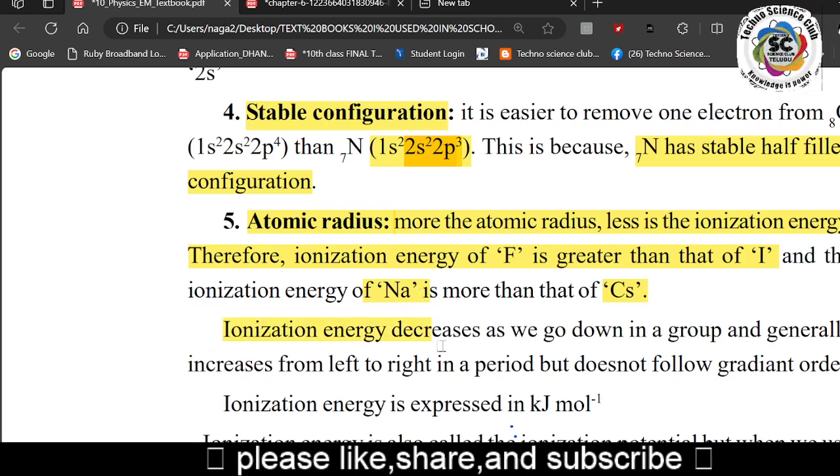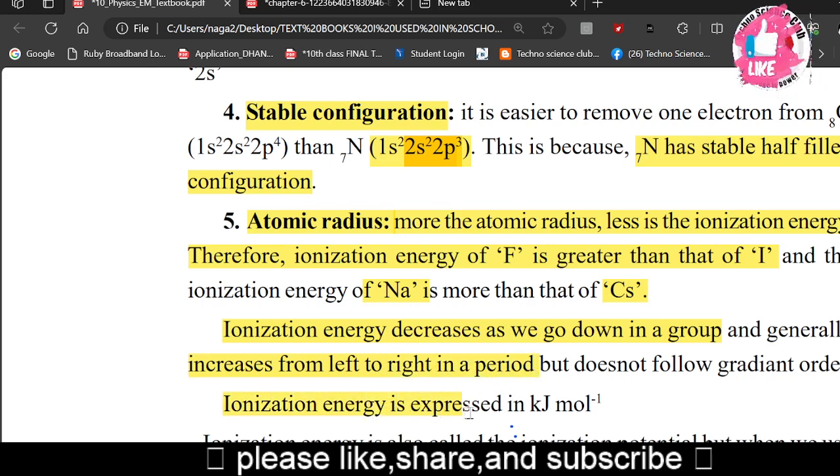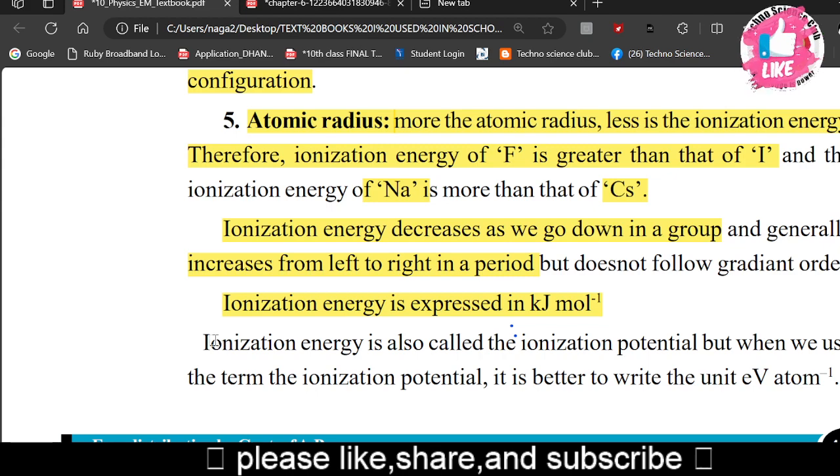So the ionization energy decreases as we go down a group from top to bottom, and increases from left to right in a period. Ionization energy is expressed in units of kilojoules per mole. It is also called ionization potential.